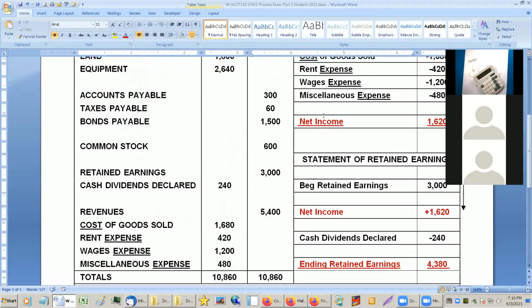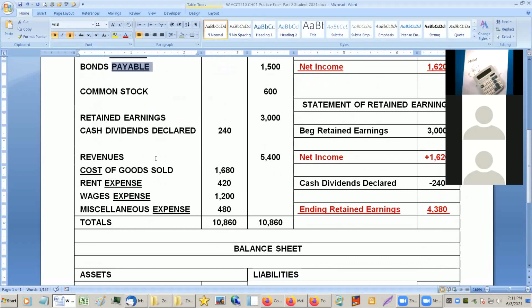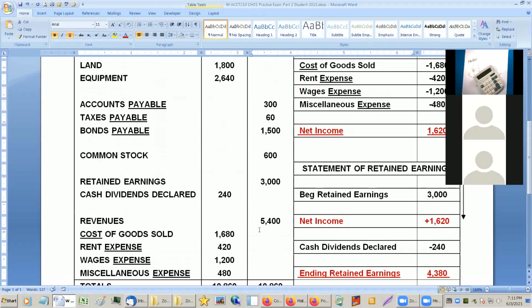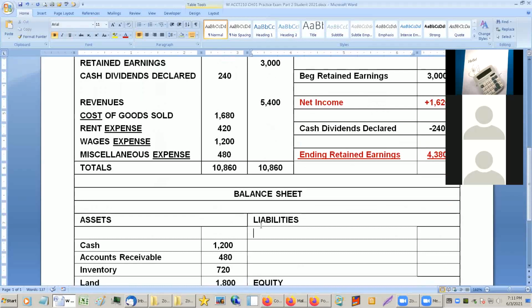Okay, liabilities: accounts payable, taxes payable. So all these payables are liabilities. They're all going to be liabilities. They have payable, that's the magic word. Okay, it's probably not magic.